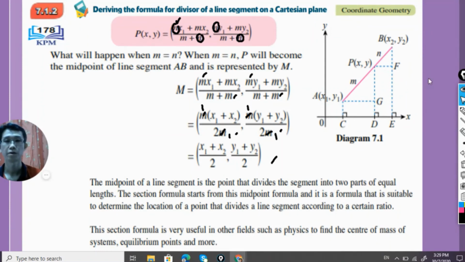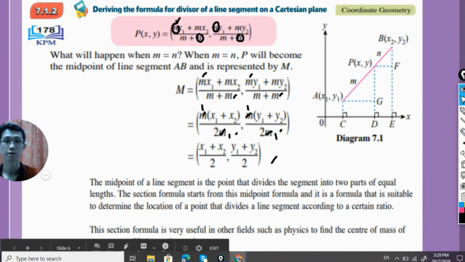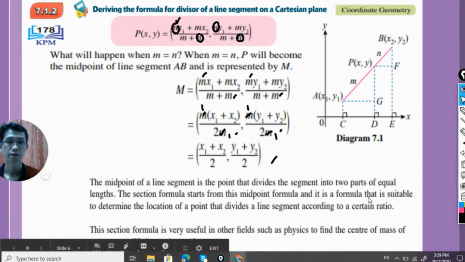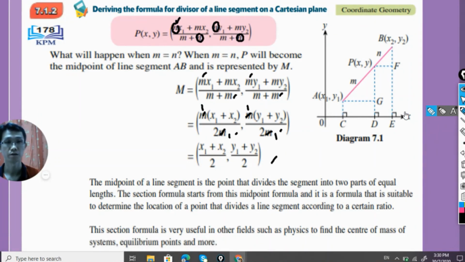The midpoint of the line segment is the point that divides the segment into two parts of equal length. The section formula is suitable to determine the location of a point that divides a line segment according to a certain ratio.